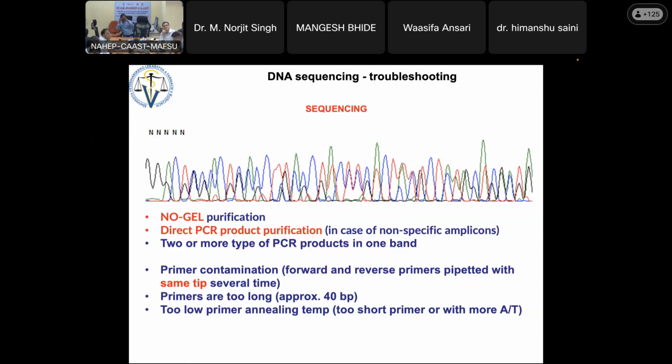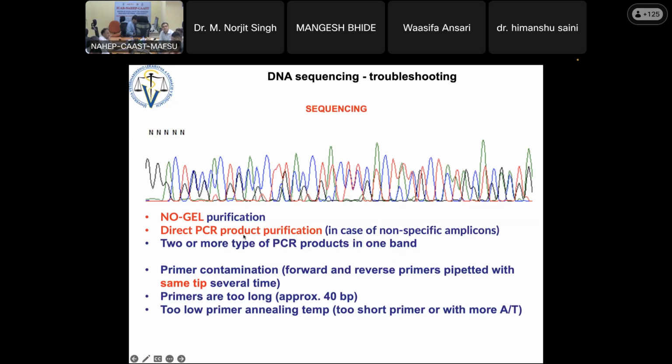If you have multiple bands in PCR, or even a non-specific band, then you will get this result, a mixed chromatogram. With no gel purification, if you send direct PCR product, this may happen.